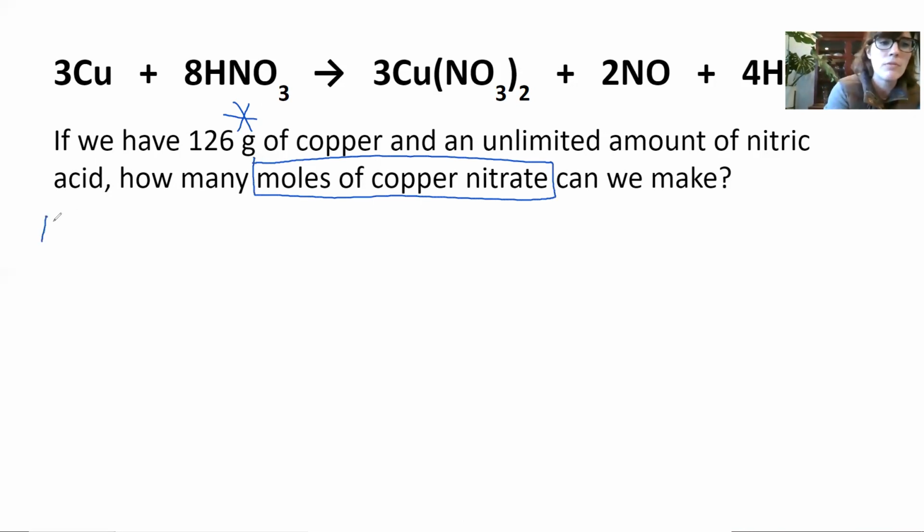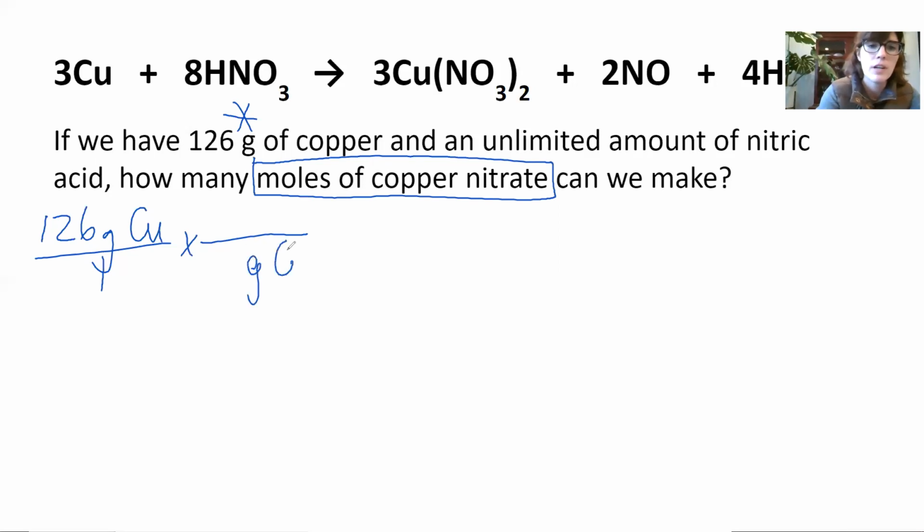So I'm going to start off with 126 grams of copper over 1. All right, and first I need to figure out how many moles of copper I have. So we need to cancel out the grams of copper and go to moles of copper. Do we know how many grams of copper are in 1 mole? And once you know that, type it in.